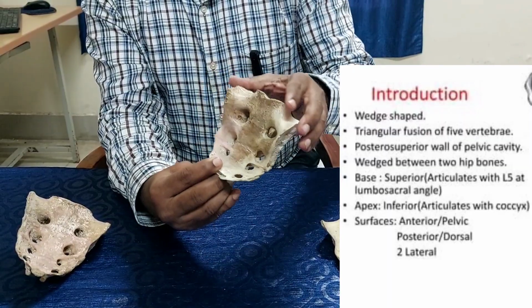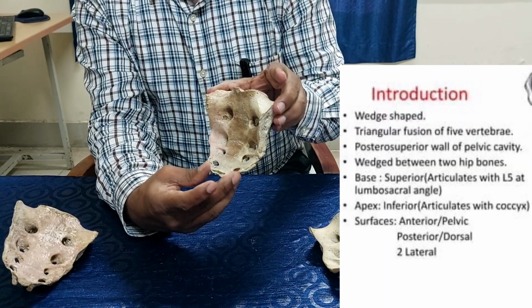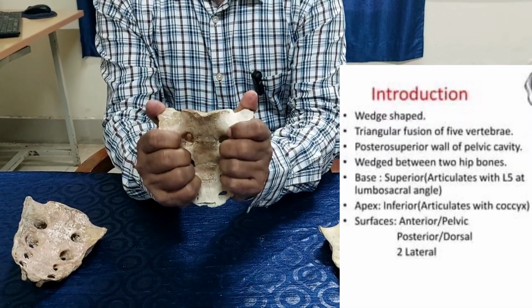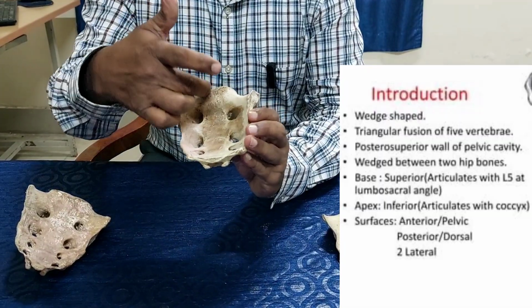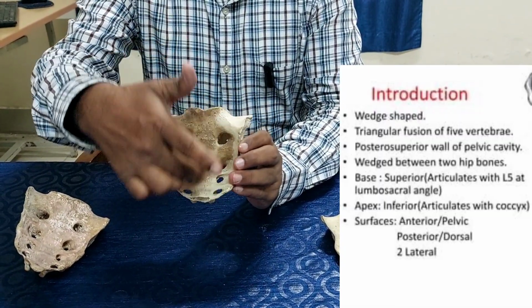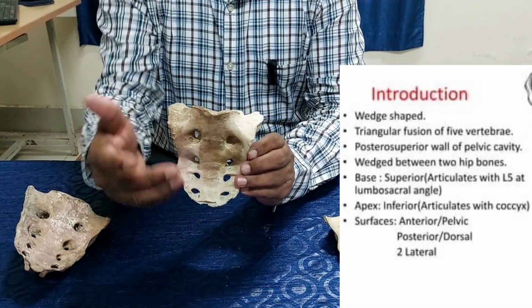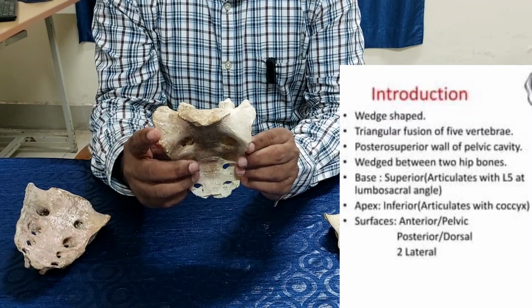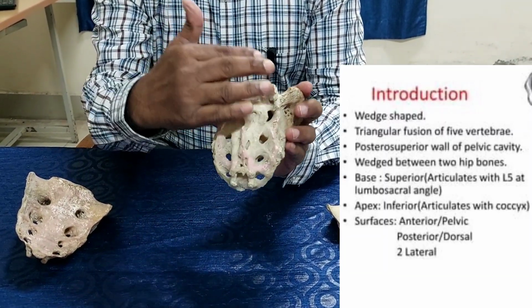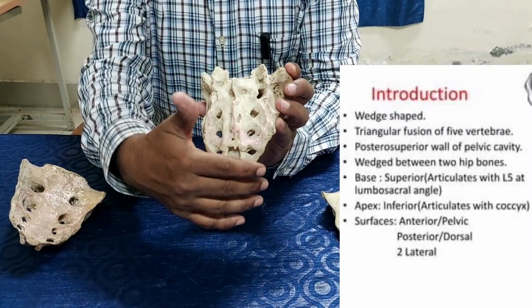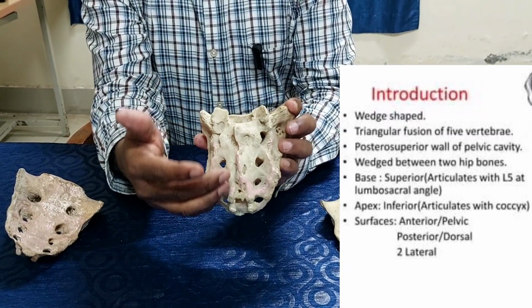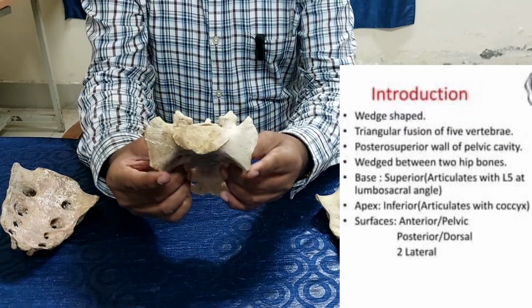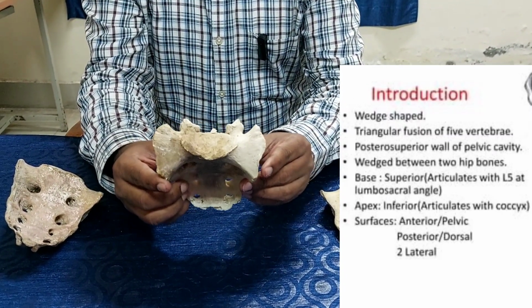So one is the base, one is the apex, and other parts are called the lateral mass. One surface is concave. This concavity will look forward and downward. And this convex surface is rough and irregular. It will be on the back side or posterior side like this.